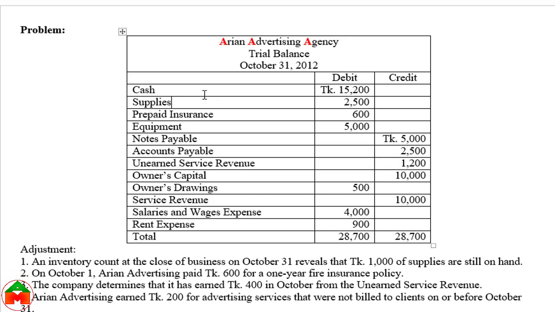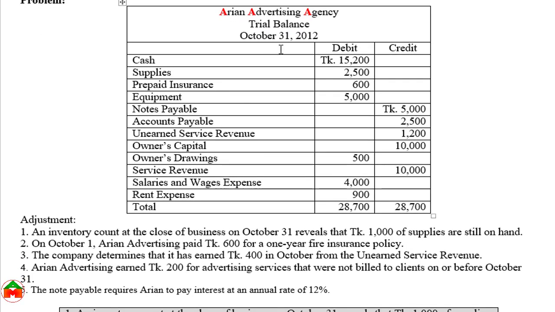Cash debit 15,200, supplies debit 2,500, prepaid insurance debit 600, equipment 5,000, notes payable credit 5,000, accounts payable credit 2,500, and other service revenue credit 1,200, owner's capital 10,000, drawings debit 500, service revenue credit 10,000, salaries and wages expense debit 4,000, rent expense 900. So this is the given trial balance. The total balance is 20,700, and these are the ledger balances.